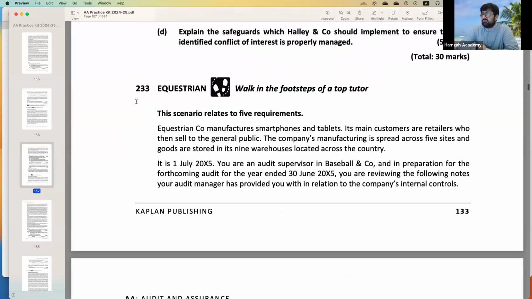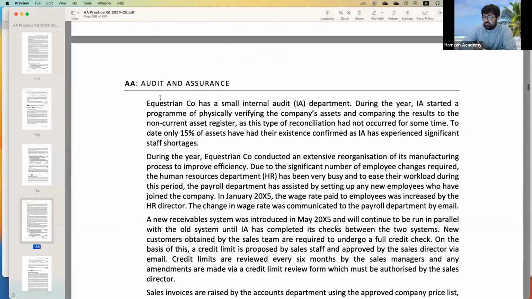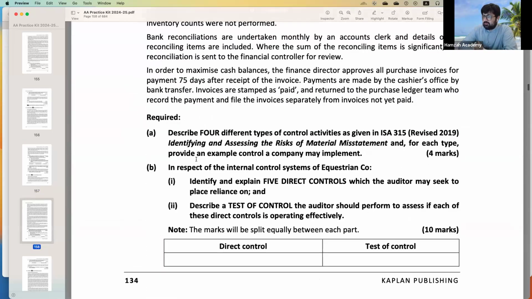This is the past paper 233 question, equestrian. So the requirement is, in respect of the internal control system of E company, identify and explain 5 direct controls.